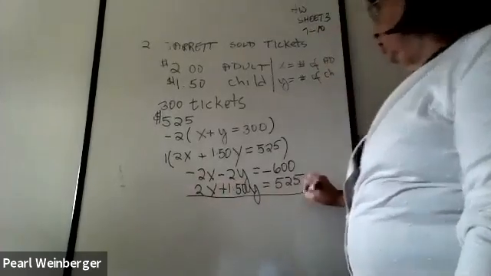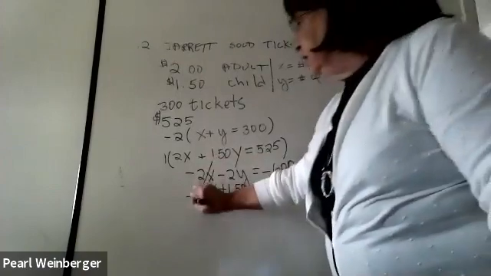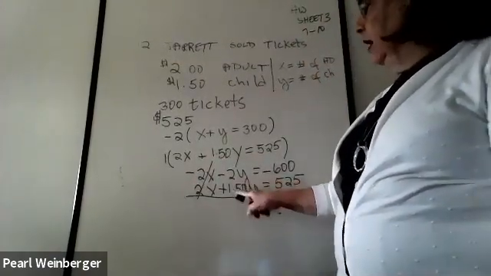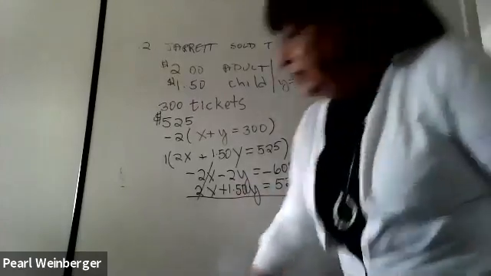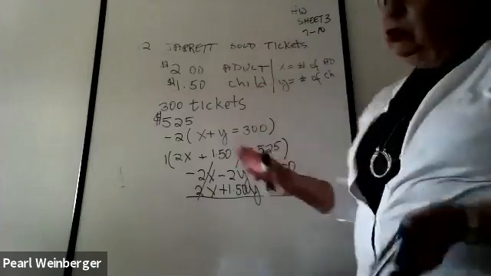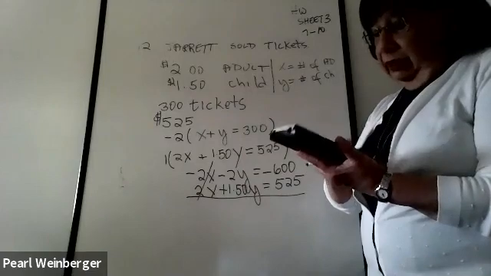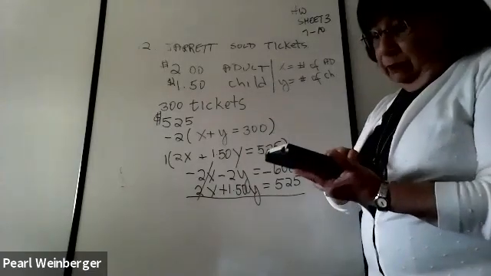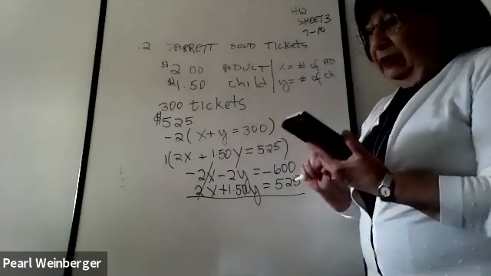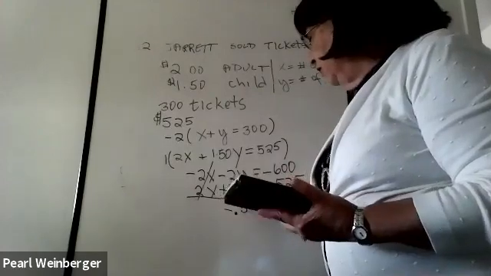Okay, let's add these two equations. We're using the elimination method. The negative 2x and the 2x cancel out. Now I have to add the negative 2y and the plus 1.50y. You could do that in your head, or you can take out, remember you're allowed to use a calculator. If I use my calculator, I do negative 2 plus 1.50 and it gives me negative 0.5.